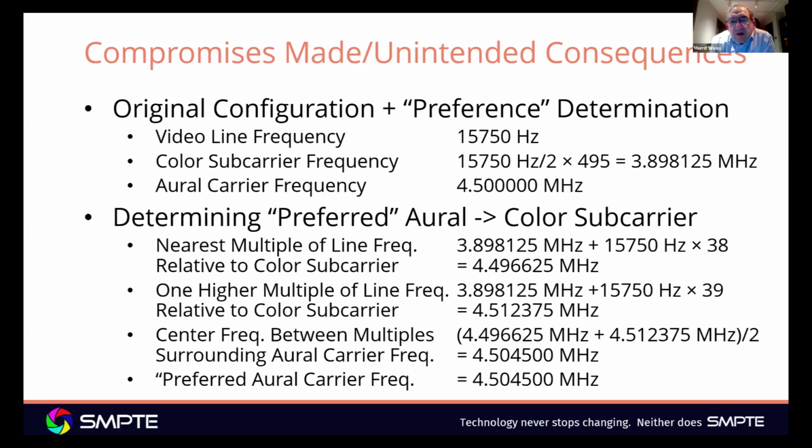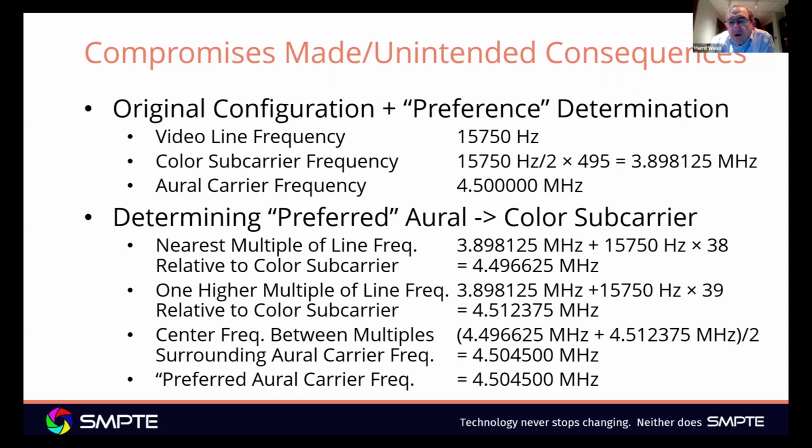And so they basically kept the line rate and the aural carrier frequency from the monochrome system and added a color subcarrier together with its I and Q modulation and the dissimilar bandwidths used for them.